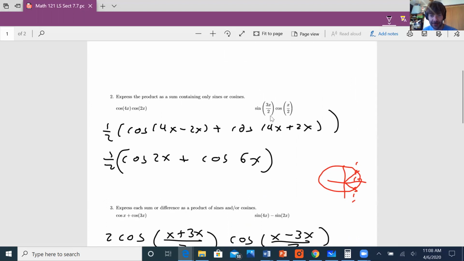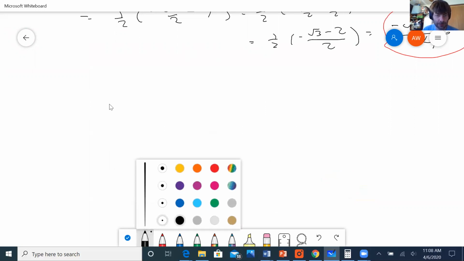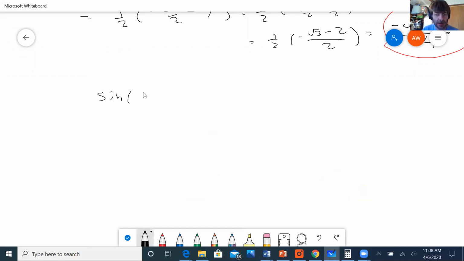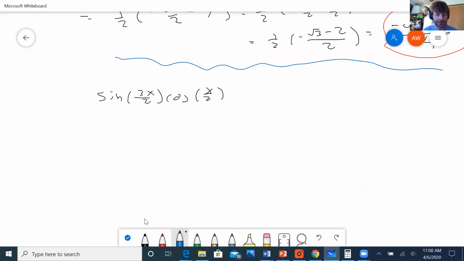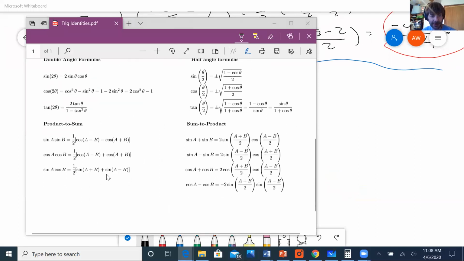So here I have a product: sine 3x over 2 times cosine x over 2. Notice we don't have actual numbers in here, so there are going to be x's in the final answer. I'm looking for the identity that says sine times cosine, and I'm looking at this one right here.